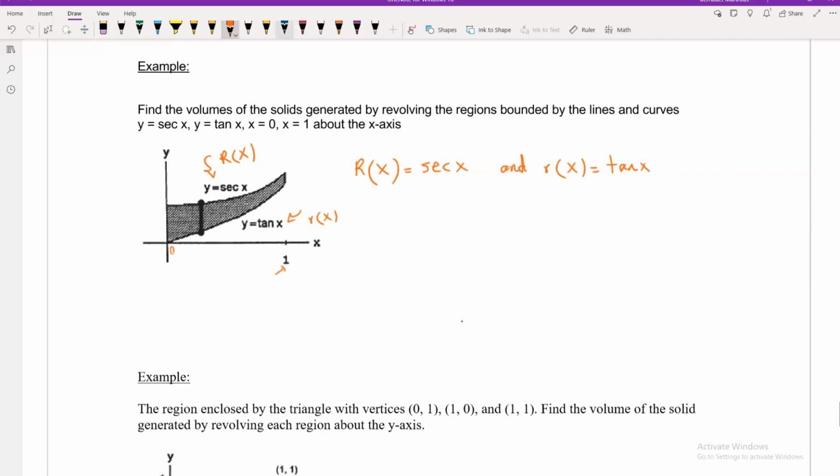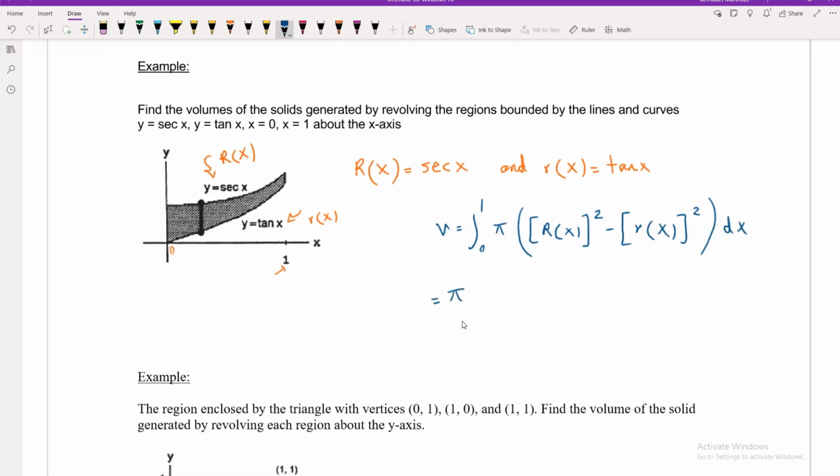Now finding the volume: integral from 0 to 1, pi times outer radius squared minus inner radius squared times dx.